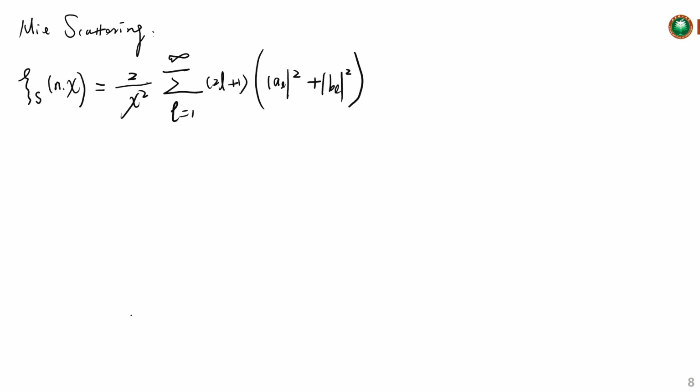So this is the scattering efficiency, and then we have the name for the AL and BL, right? They are called Mie coefficients. Chi can be obtained when we know the radius of the particles and also the wavelength, right? So what we want to calculate is just the Mie coefficients, the most important things here.